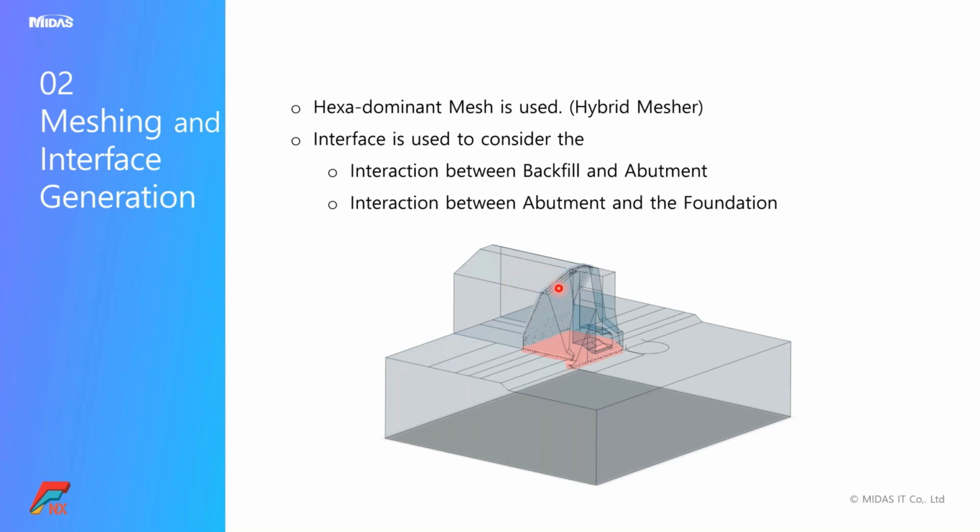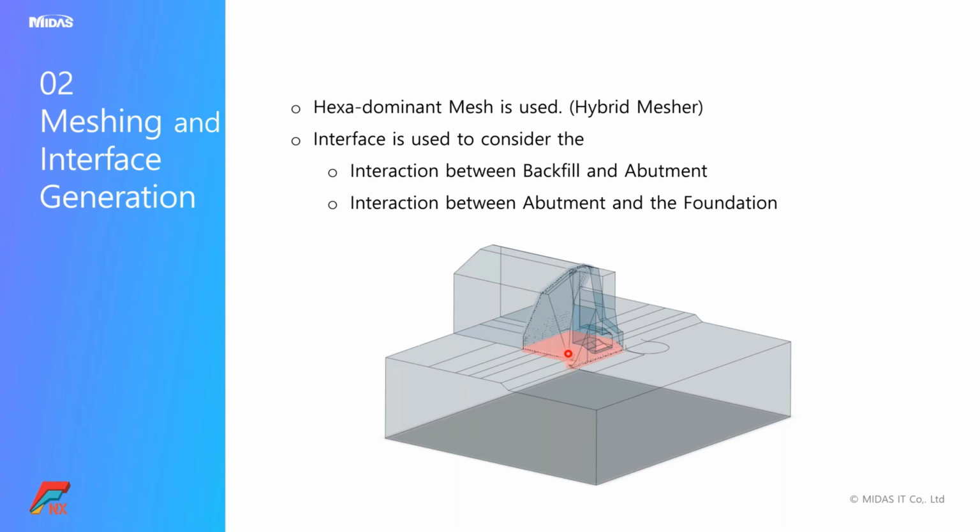And hence, there will be relative movement between the backfill and the abutment, and relative movement between the abutment and the foundation. So to capture that particular relative movement, basically the sliding phenomenon, also the shear phenomenon, we need to model the interface.